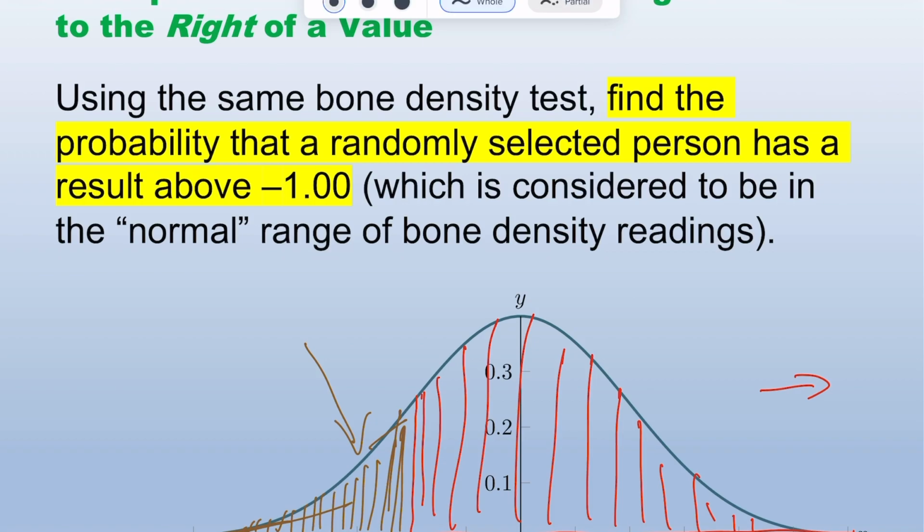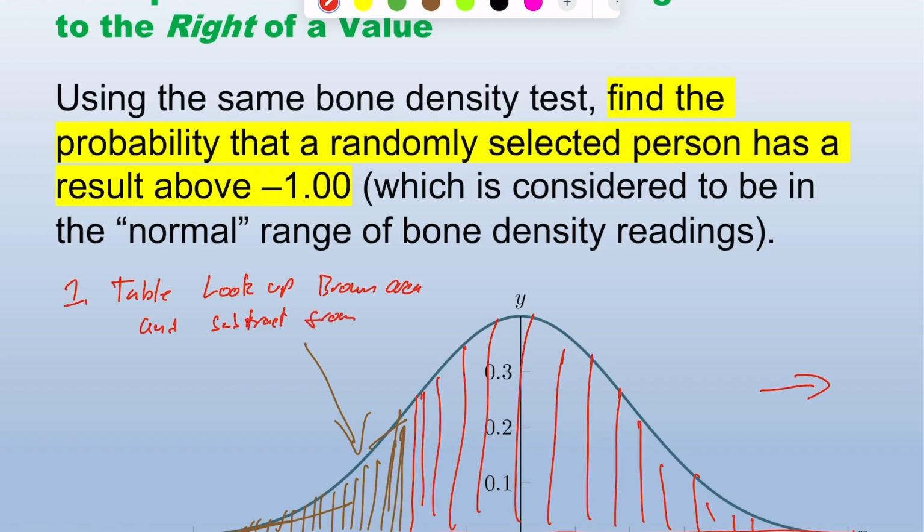So what I'm going to do is take 1, look up the brown area in the table, and subtract it from 1. Okay, let's do that.